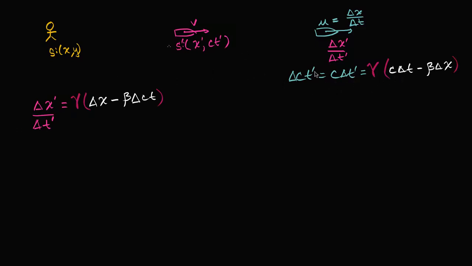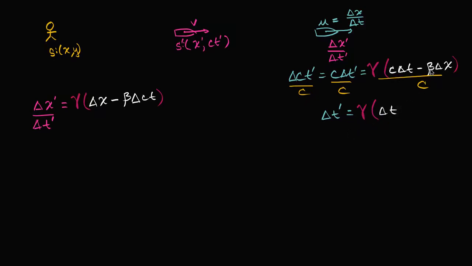So let's do that. If we divide all of this by c, what do we get? And this is a form, we've seen this in other videos that you might recognize, and you might see this in some textbooks. Our change in t prime is going to be equal to gamma times, well, c times delta t divided by c is just going to be delta t.